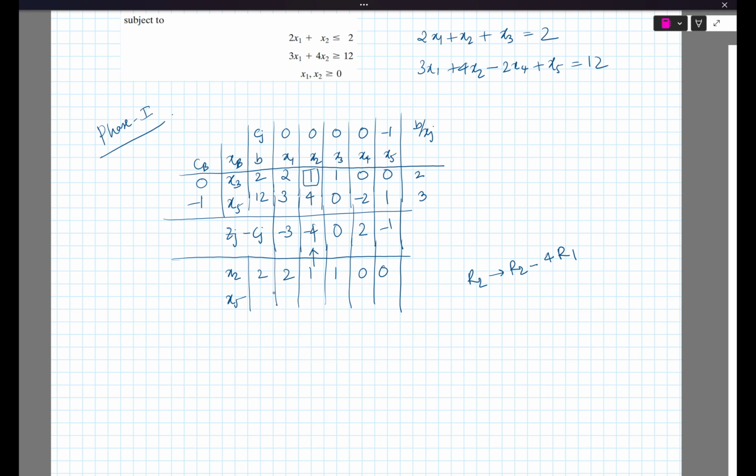So 12 minus 8 is 4, 3 minus 8 is minus 5, 4 minus 4 is 0, 0 minus 4 is minus 4, so minus 2, 1, correct?